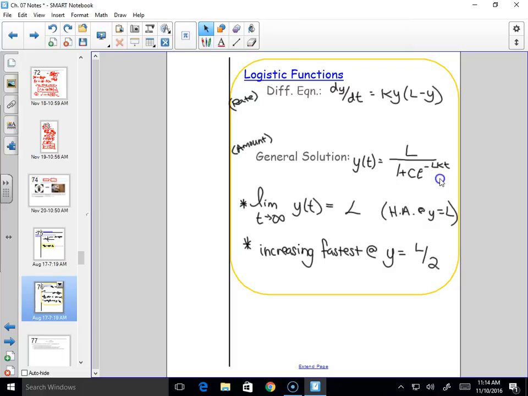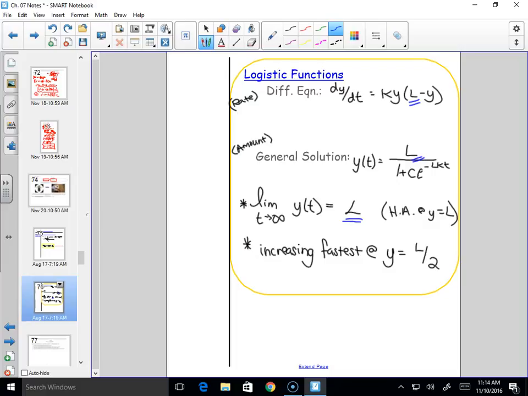The limit as t goes to infinity of any logistic growth equation is just the limiting constant, the carrying capacity, L. For our purposes, we don't want to think about it too hard, so if we can just recognize L, life gets a lot easier. Logistic growth is increasing the fastest when y equals L over 2.